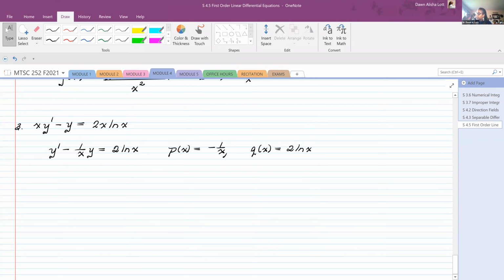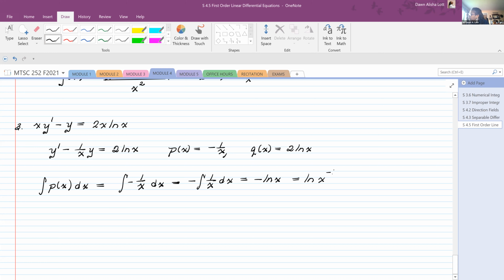Okay, next step. Now we need to find the integral of p of x dx. So that's the integral of negative 1 over x dx. We can pull that out and we get negative the integral of 1 over x dx. So that's negative the log of x. And so if you remember, I can write that as the log of x to the negative 1.